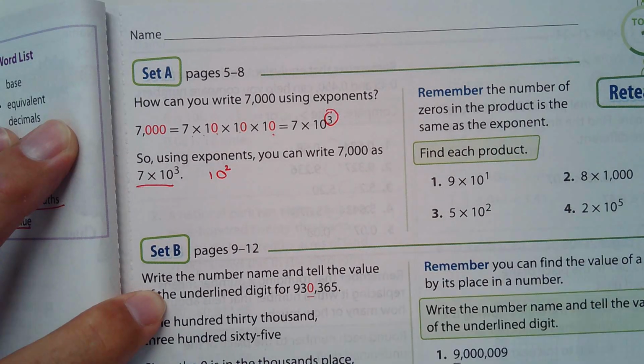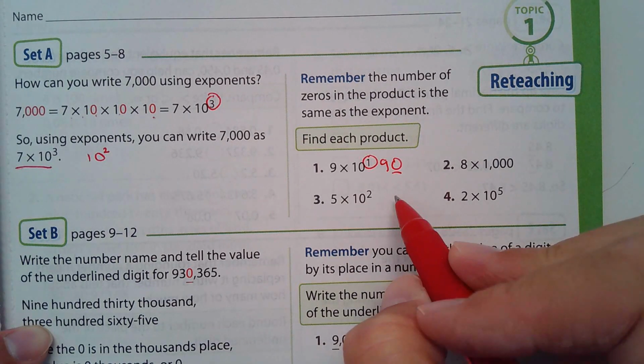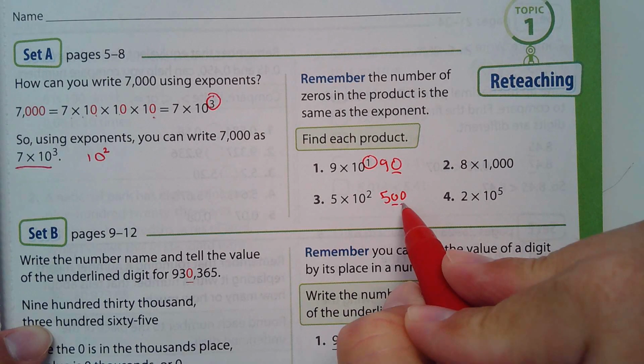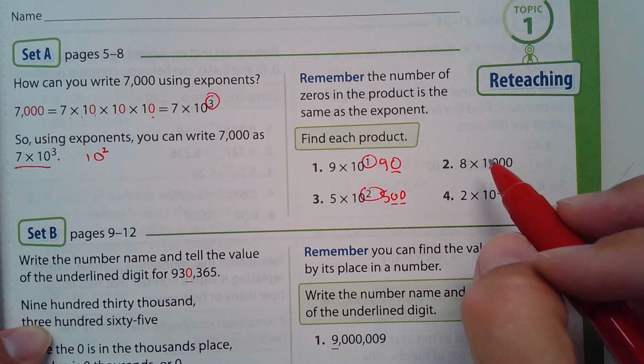All right. It says, remember the number of zeros in the product is the same as the exponent. So 9 times 10 to the first power, what's that?